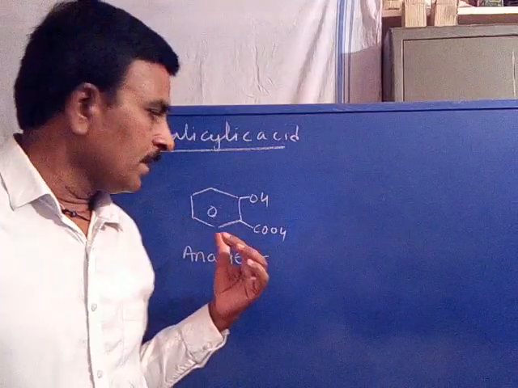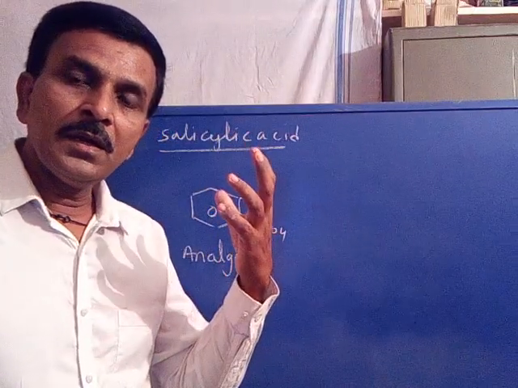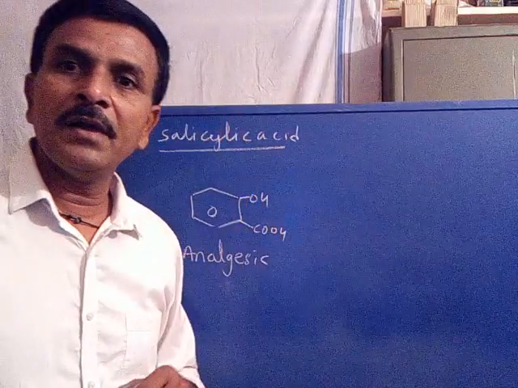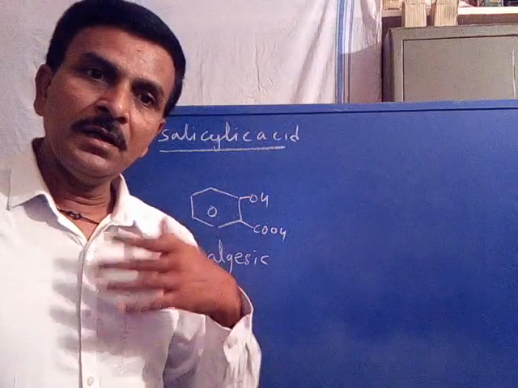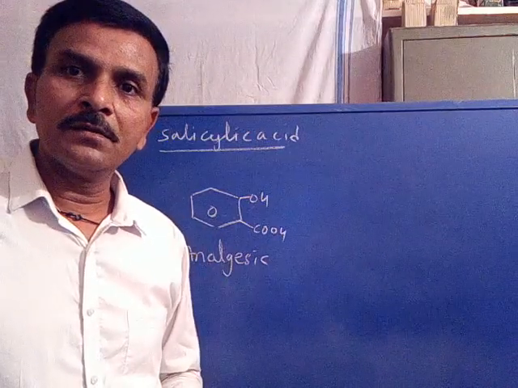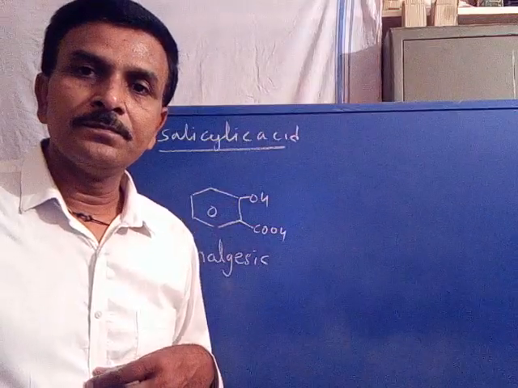Therefore, however analgesic, it is unable to be taken directly by mouth. Why? Because of its strong acidic nature, it leads to gastric bleeding, that is, damage of the gastrointestinal epithelial layer.